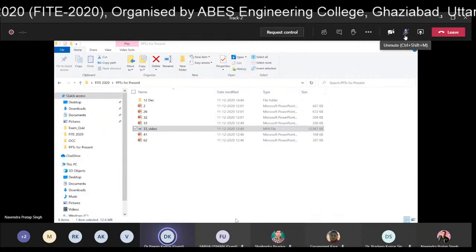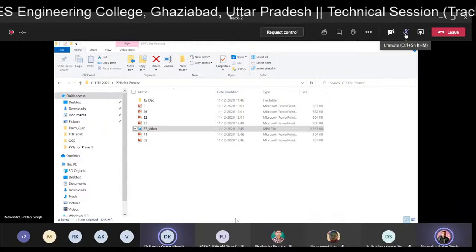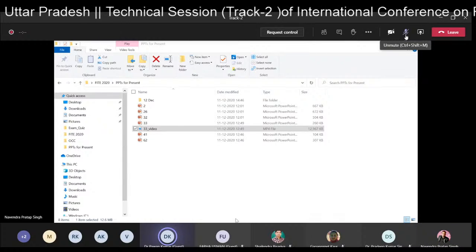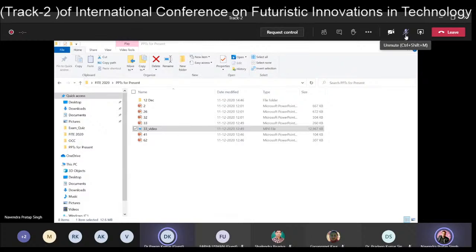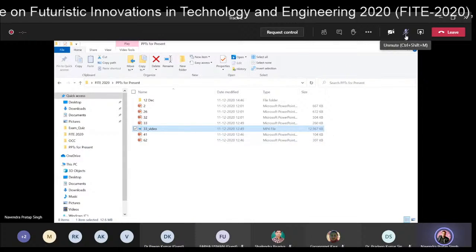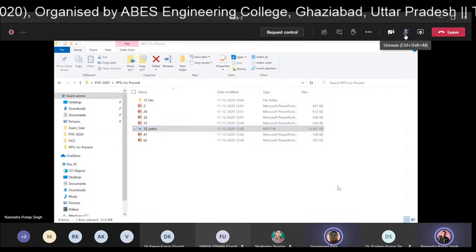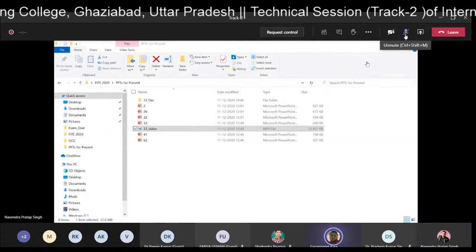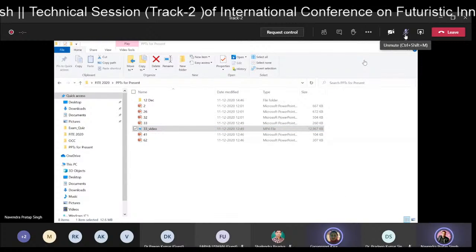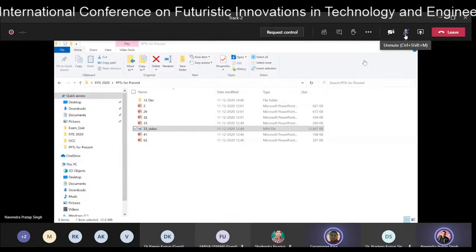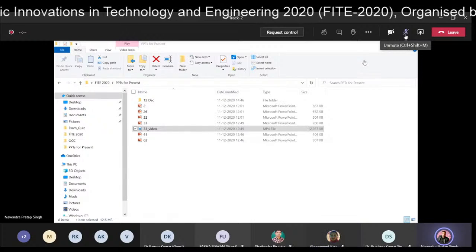Gagan ma'am, we can start the next candidate. Meantime, he can ready his presentation. Yes, sir, we can go. NP sir, can you announce? Yes, the next, paper ID 53. Who is there for the paper presentation?